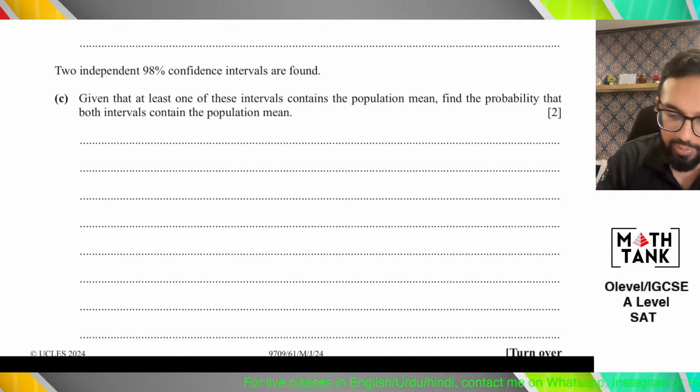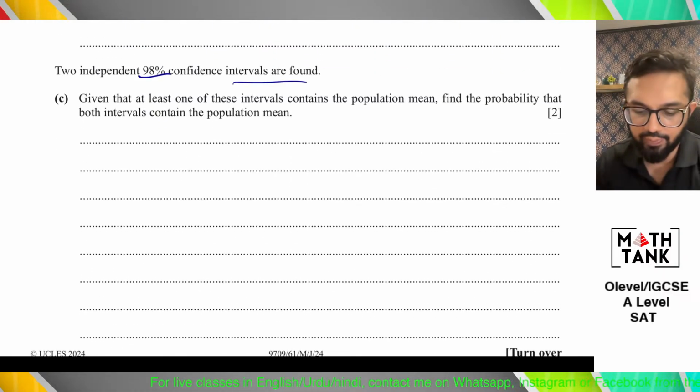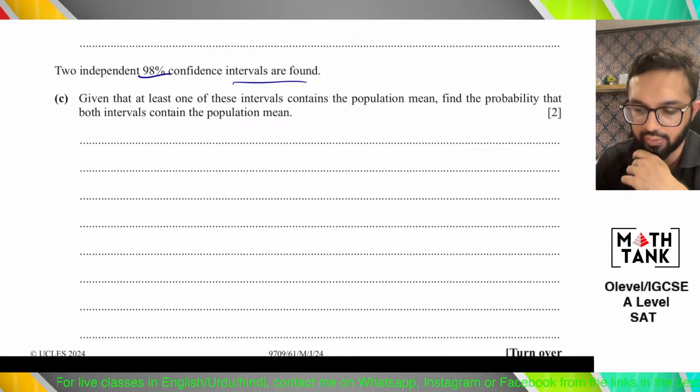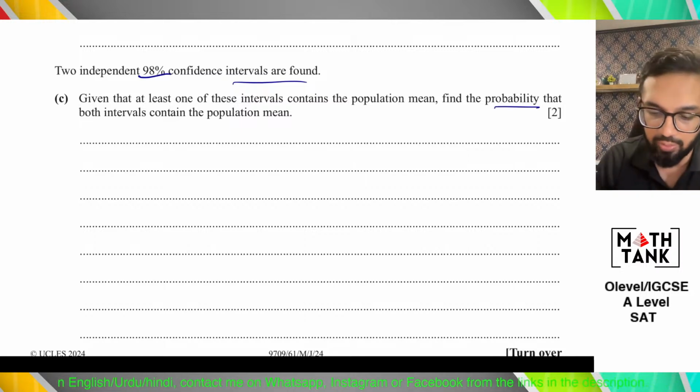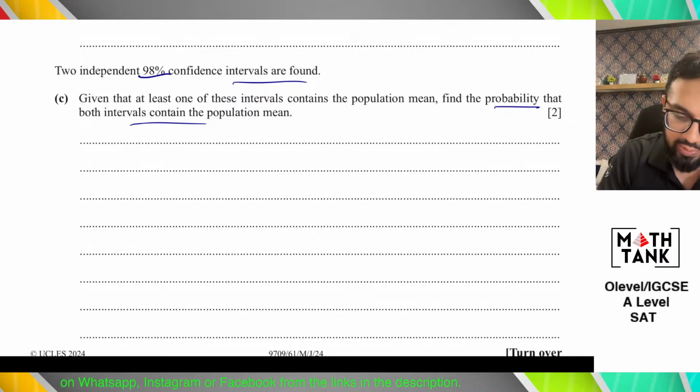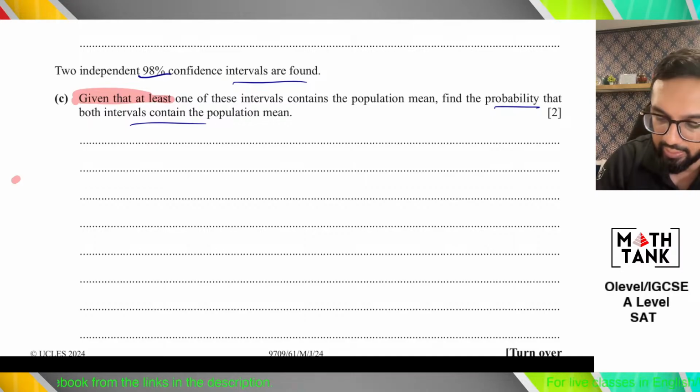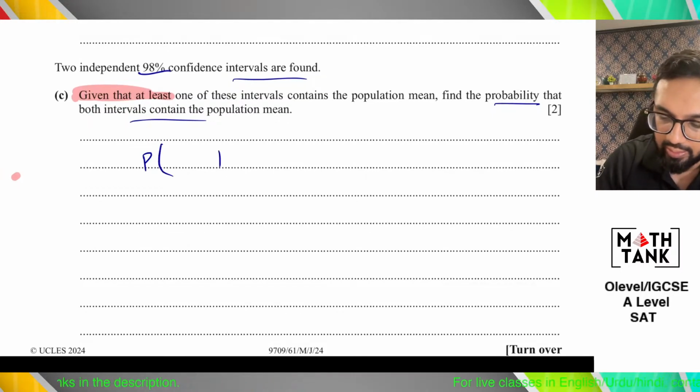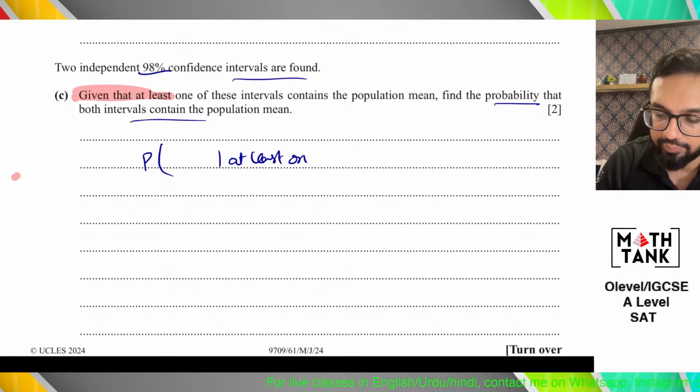Okay, then two independent 98% confidence intervals are found. Given that at least one of these intervals contains the population mean, find the probability that both intervals contain the population mean. When it says given that, this is a conditional probability question. What is the condition? Given that at least one contains, and find the probability that both contain.